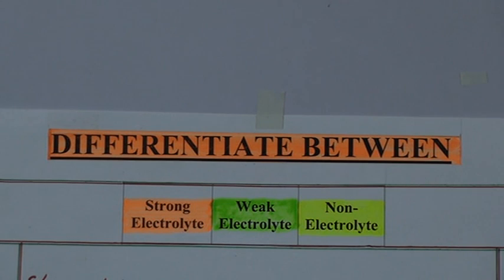Today we are going to present another interesting and skill-oriented concept regarding electrolytes and non-electrolytes. On the basis of this characteristic, substances can be classified in three major categories: strong electrolyte, weak electrolyte and non-electrolyte.